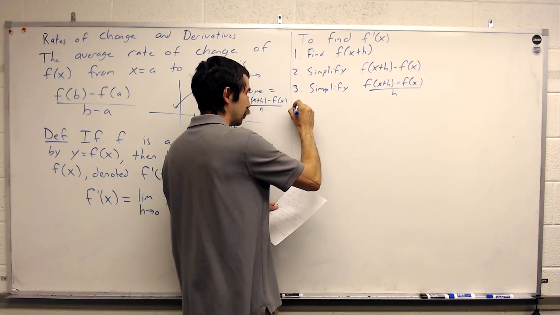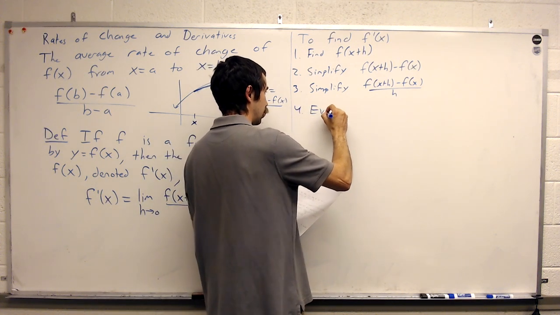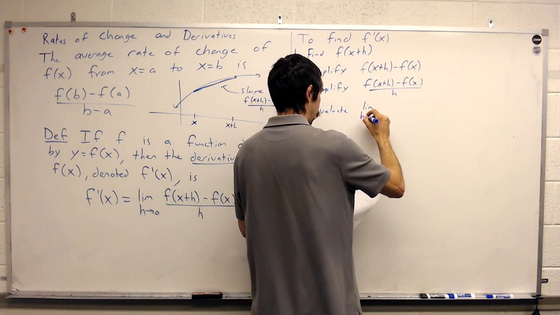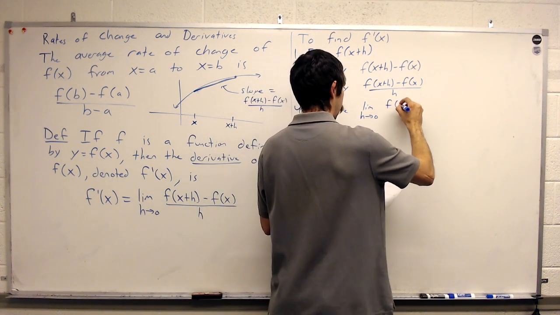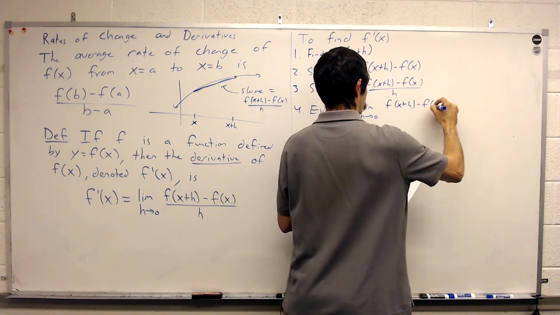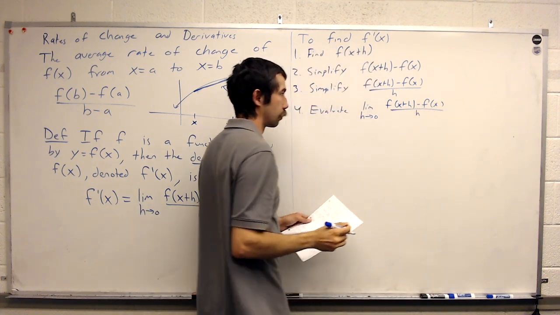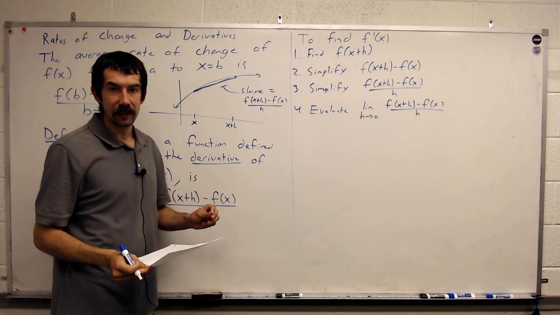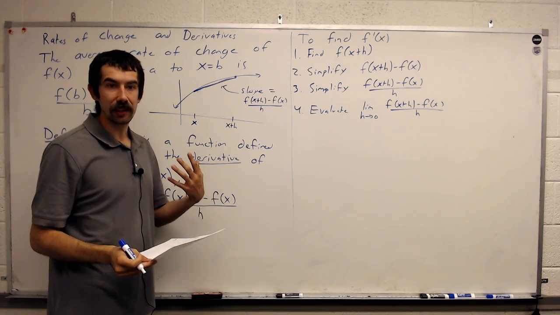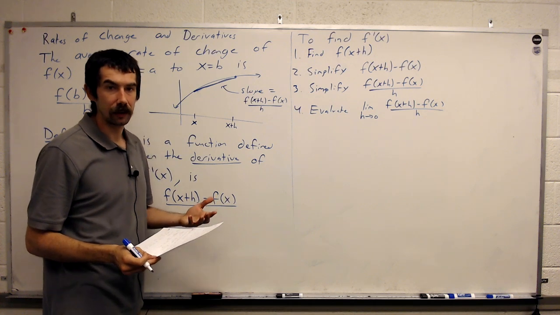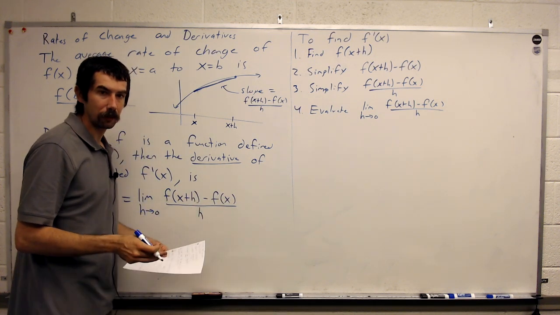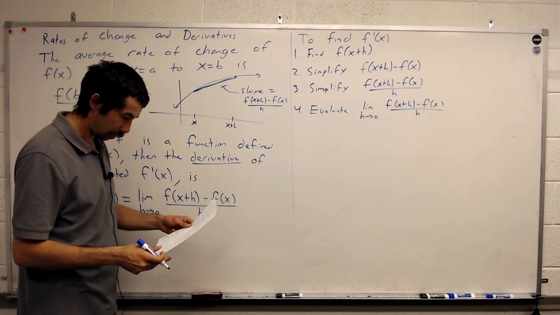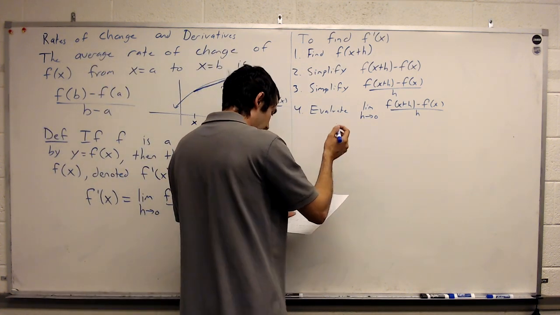And then finally, step 4 is we're going to evaluate the limit. Okay, what we get at the end will have x's in it. It's going to be a function. And that function, we'll see, gives us the slope of what's known as the tangent line at any point along the curve. All right, so we'll talk about that more in a second.